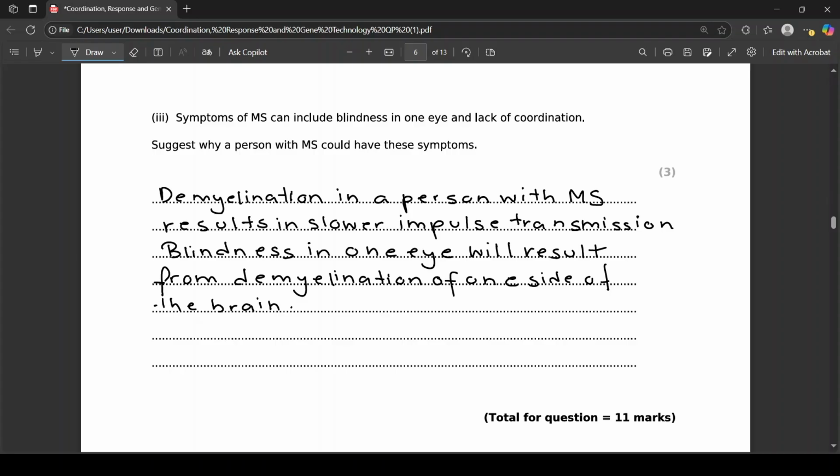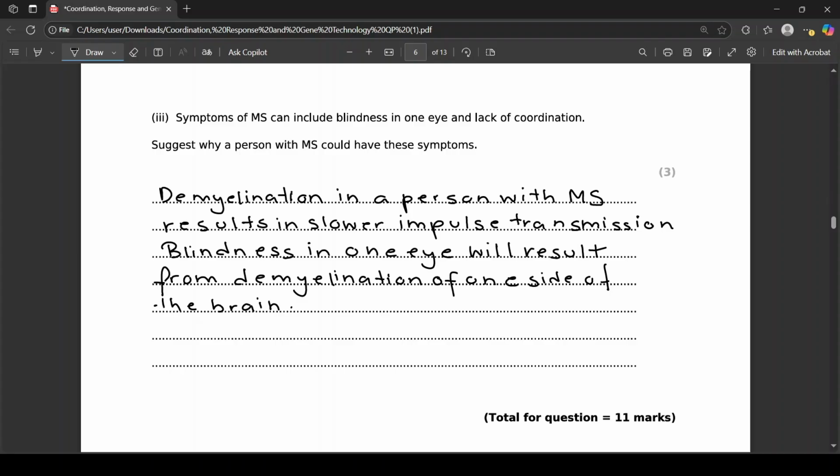Okay, and then let's talk about the blindness in one eye and lack of coordination. So when we're talking about the brain specifically, our brain has two parts, right? Northern and southern hemisphere. And so we are referring here to one side of the brain.